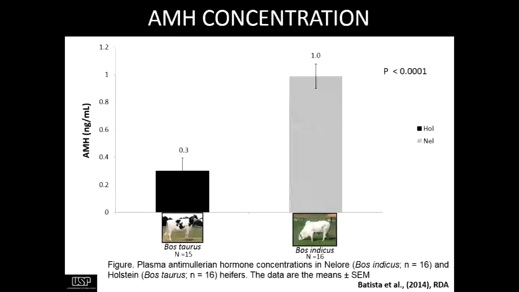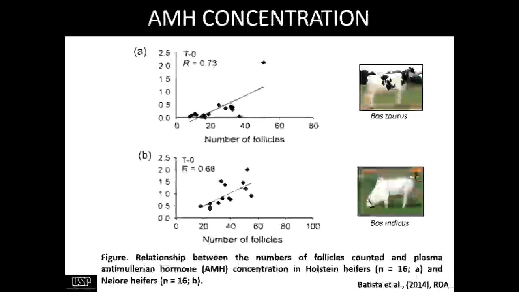But when we measured the AMH, look here, very interesting, 0.3 nanogram per ml in Taurus and 1 in zebu, 3 times more AMH in Bos indicus than in Taurus, correlated to this efficiency. So look, high correlation between number of follicles and AMH in both Taurus and Indicus.